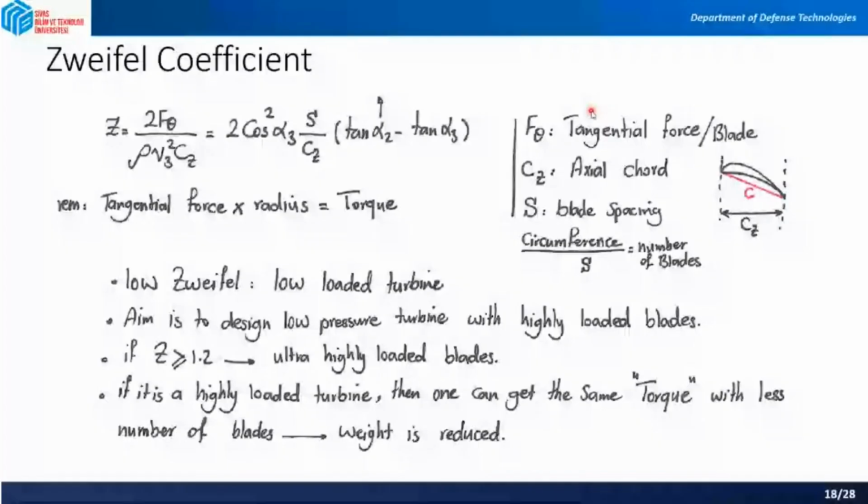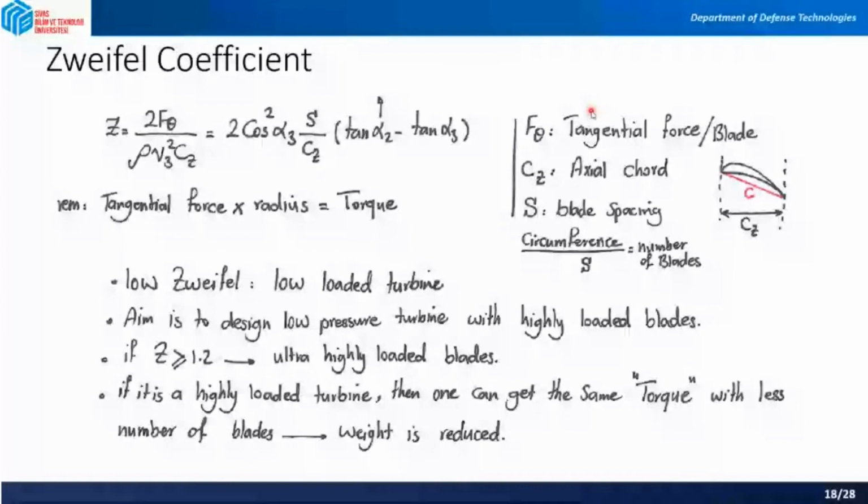So as a recap, close spacing means your S, your spacing between these two blades, is small. When you have close spacing, it means that on one circumference you have a larger number of blades. You have to put a large number of blades.